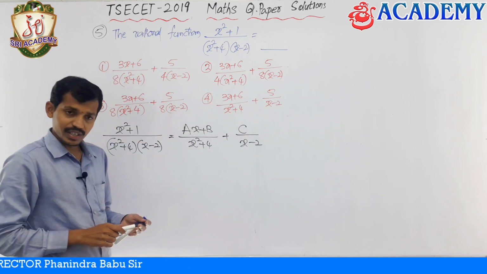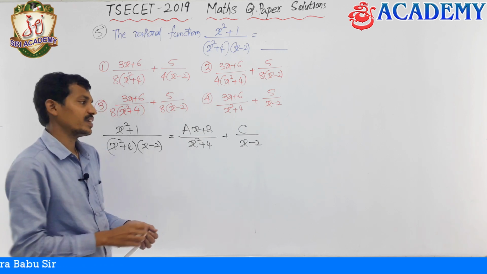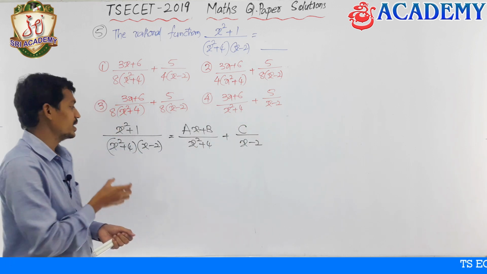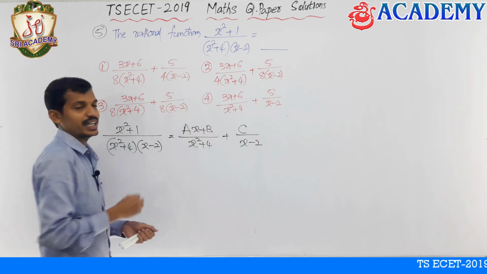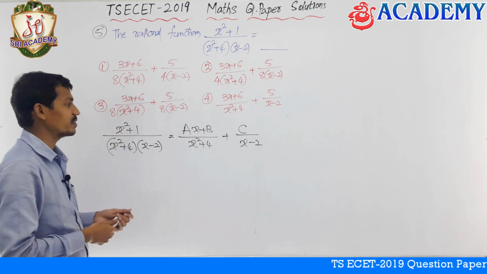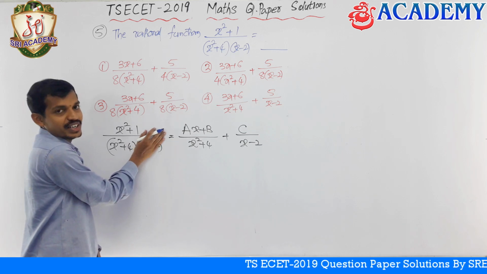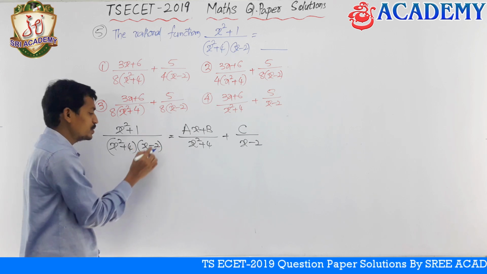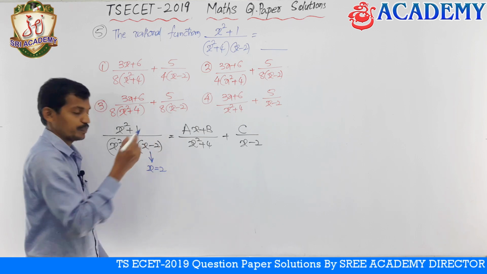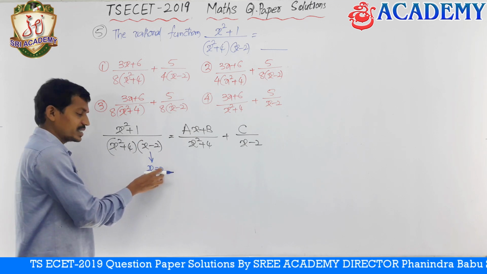Whenever you have linear factors, you can say the corresponding value directly. A quadratic factor we can't say directly. To get the linear factor's value directly, we simply eliminate this linear factor, that is x minus 2, and substitute where it is eliminated, that is x equals 2.